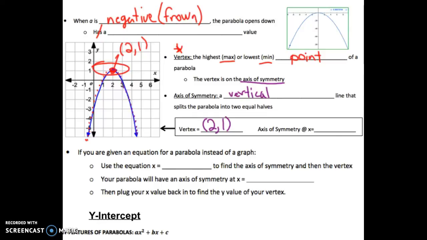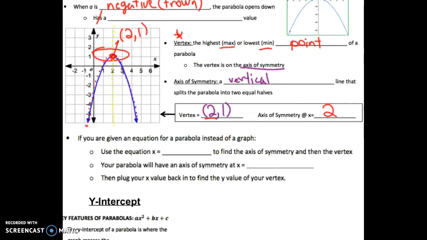The axis of symmetry is always the x value of that vertex, so x equals 2. So this is split in half at x equals 2, an imaginary line that exists right here. That is the axis of symmetry at x equals 2.